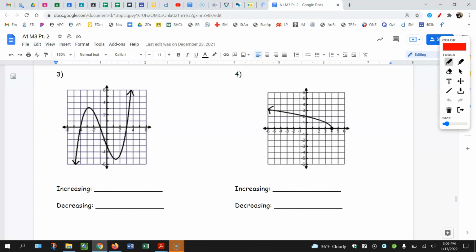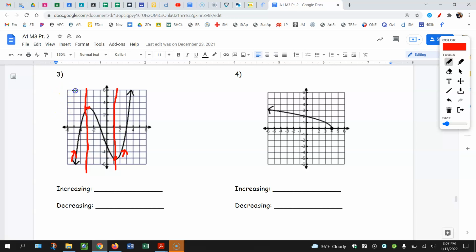All right, for 3 and 4. Number 3 is offset a little bit, so if your answers are slightly different than mine, that's okay. This first part of the graph is going up, up, up, until it hits this x value. Then it's going down, down, down until it hits this value, and then back up.